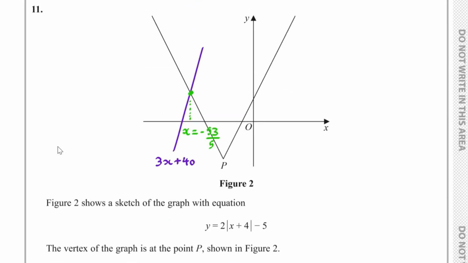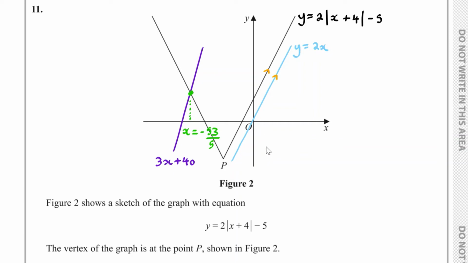Well, if we look over here, if the graph had the equation y equals 2x, because this graph over here, which is the graph of y equals 2 times the mod of x plus 4 minus 5, this line and this line are parallel to each other.